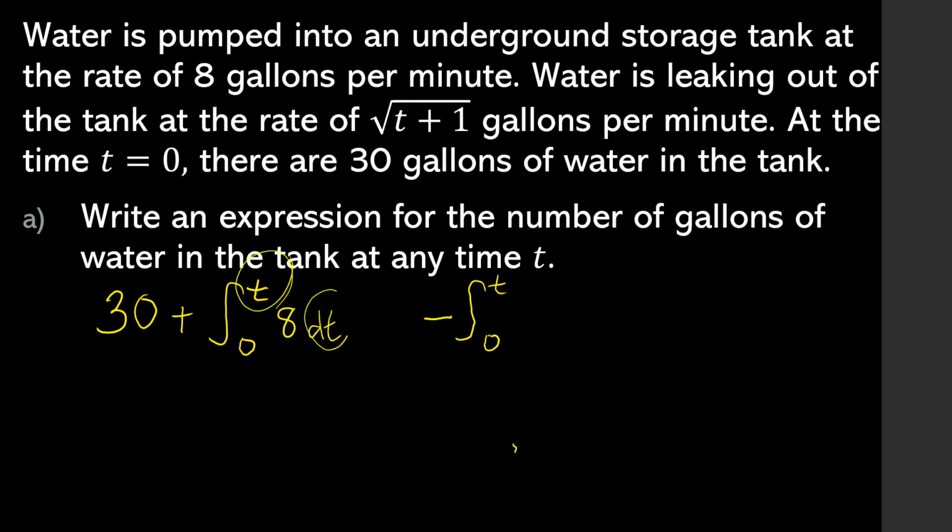This upper bound and variable of integration can't match. So we're just going to change that dt to a dx or literally anything else. Right? Same thing over here. We want to write a t plus 1, but t is being used for something else. So we have to use a dummy variable x.